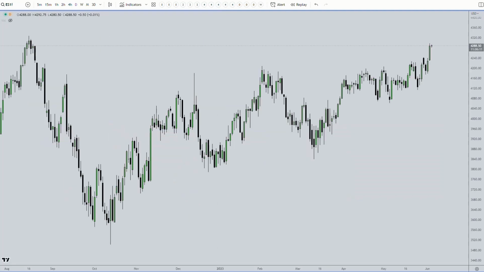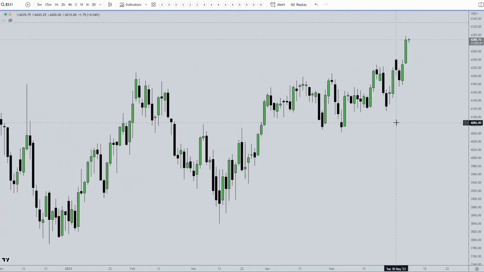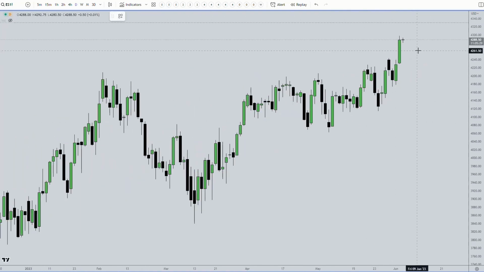So let's start out with the daily, and what do we see here? First of all, obviously where we stand, the next pool of liquidity we might attack is this level of around $4,330 on the S&P 500. Then zooming in further, we can obviously identify this daily opening gap starting at around $4,233.